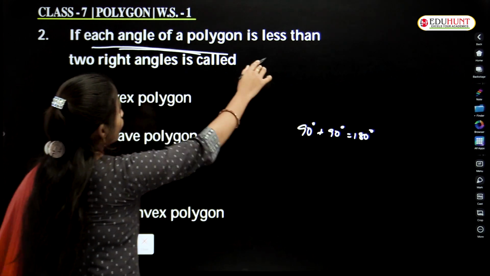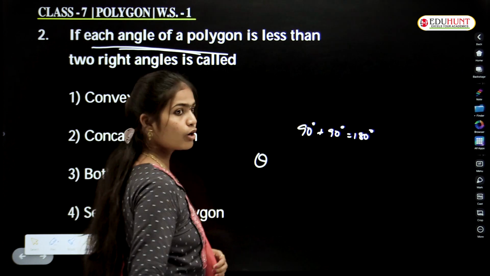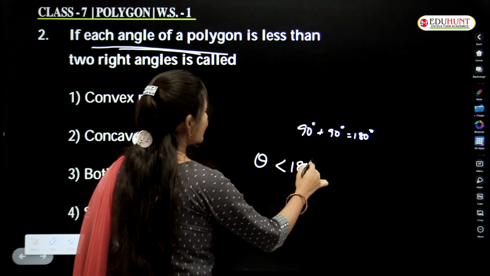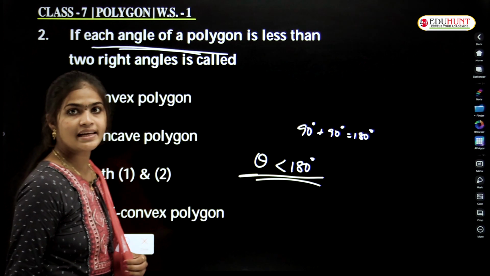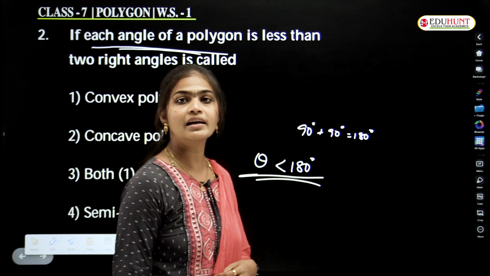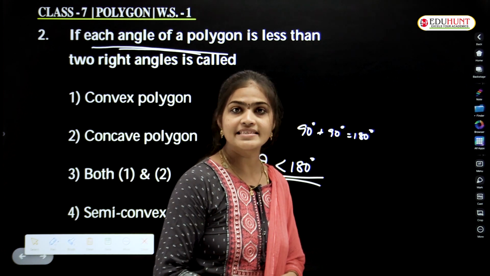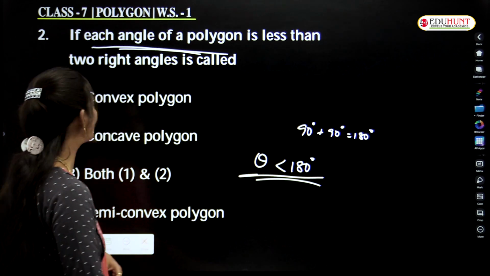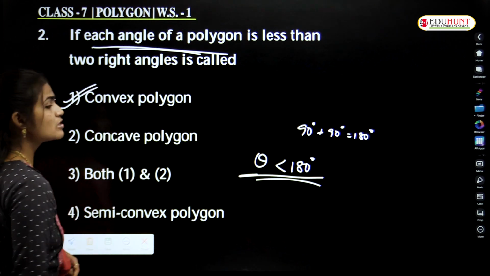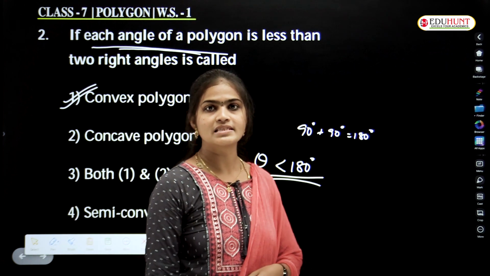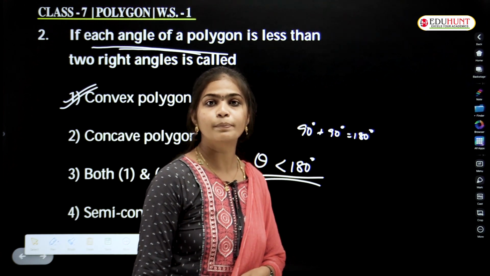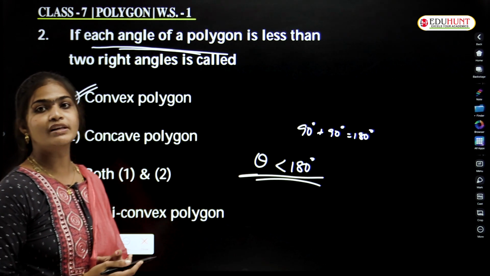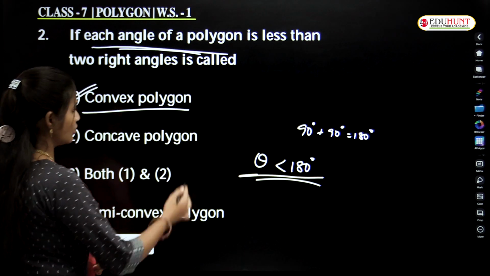If each angle of a polygon is less than 180 degrees, which means theta is less than 180 degrees, then all the angles are less than 180 degrees, and we call those polygons convex polygons. Each angle of a polygon must be less than 180 degrees for it to be a convex polygon.